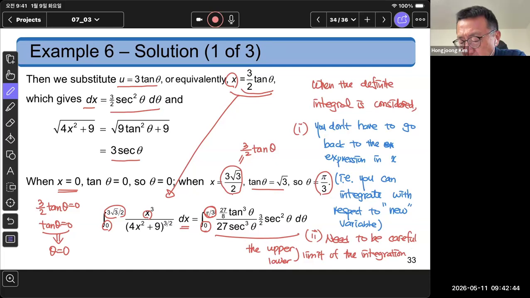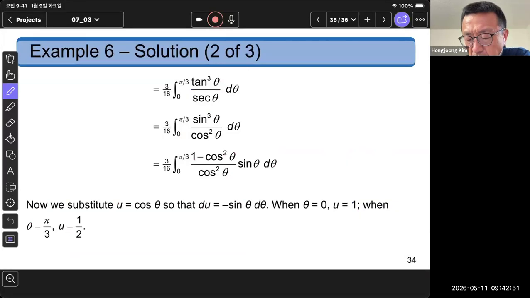So if I simplify this integrand, you have only this. Now, for simplicity, if I replace tangent with sine over cosine and secant with 1 over cosine, we get this. And I have odd power of sine and even power of cosine.